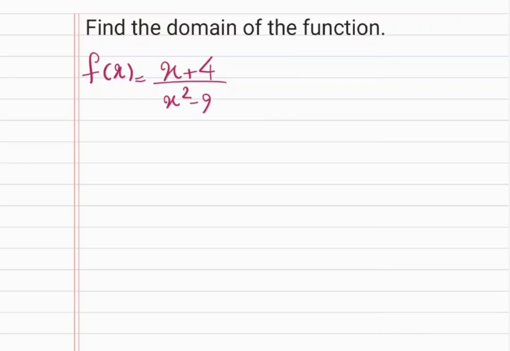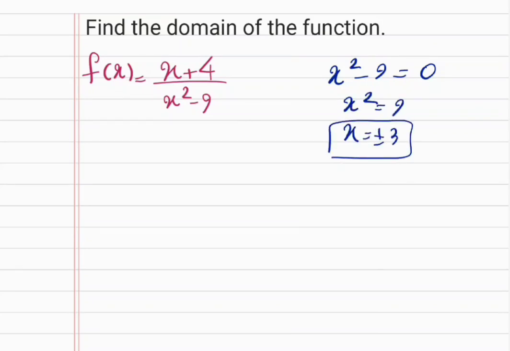So always you can start by solving a very simple equation, which is trying to see what are the x values that make your denominator zero. Now this is a very simple equation, obviously, because you're going to have plus or minus 3.